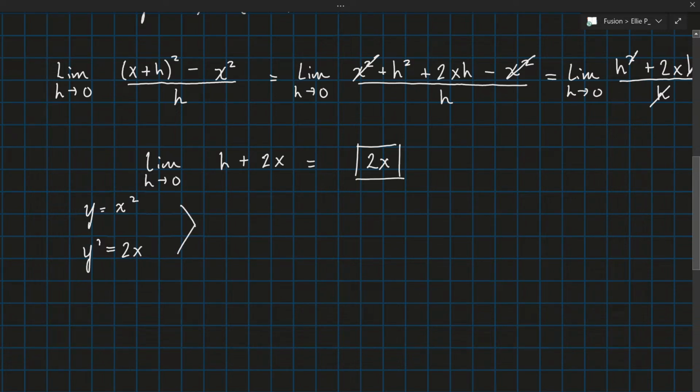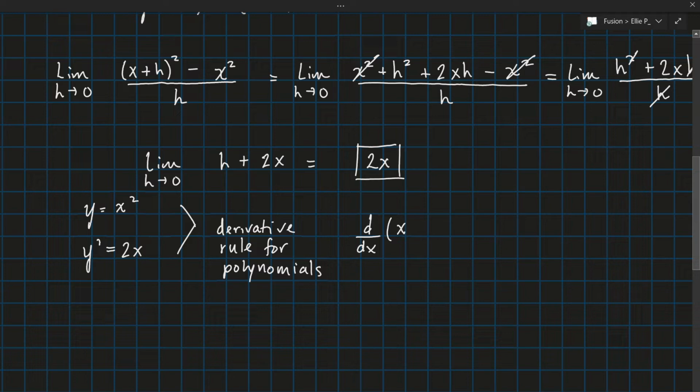The rule for polynomials is the derivative of x to the n, where n can be any exponent, is n times x to the n minus 1.